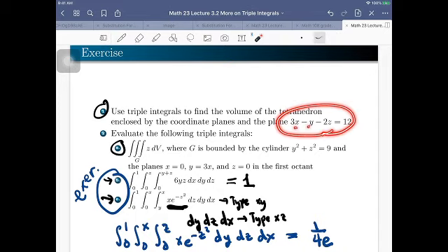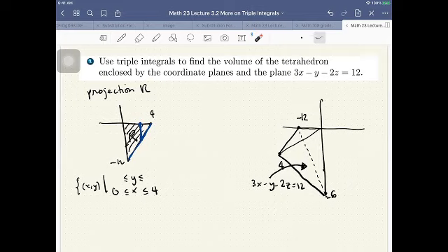So that's 3x minus y equals 12. If you isolate y, you get 3x minus 12, and the top function is nothing but the x-axis, which is y equals 0.